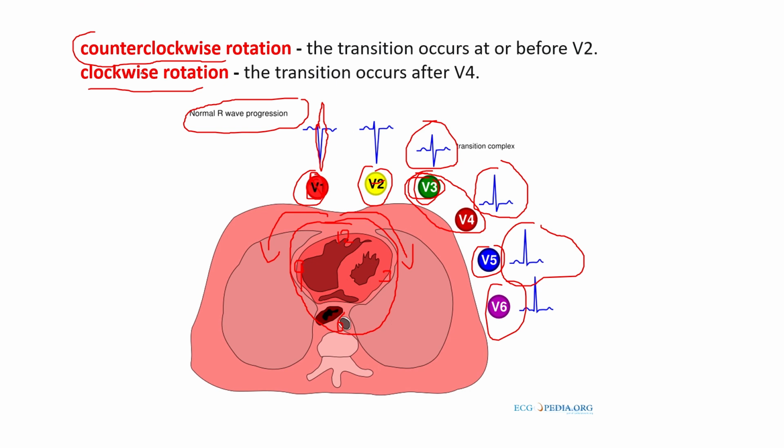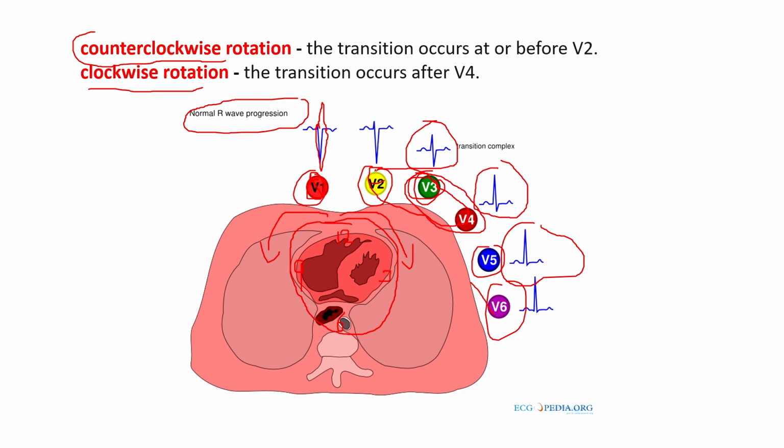But in case of clockwise rotation, when it happens too late, sometimes this is due to anteroseptal myocardial infarction. Why? Because the anteroseptal region, which is represented by V2, V3, and V4, which we talked about, has an infarction. And when there's infarction there, it means there's a loss of muscle.